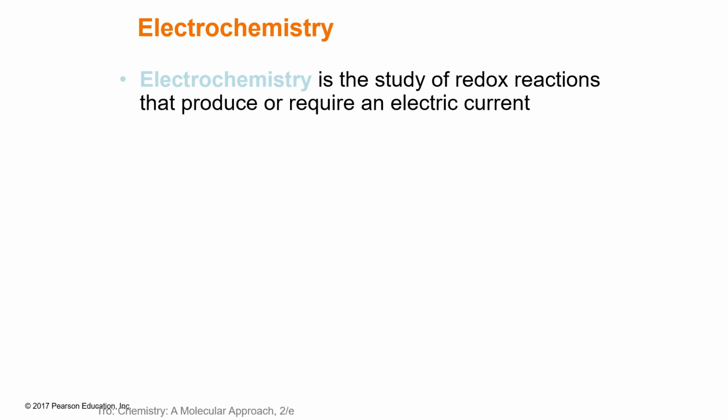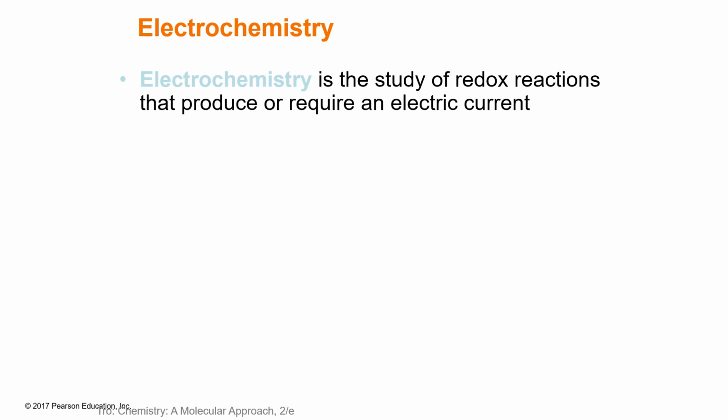Electrochemistry is the study of redox reactions, and through the use of redox reactions we can have electrons flow, and that flow of electrons is an electric current. If you remember back to the first semester general chemistry course, redox reactions stand for oxidation and reduction.